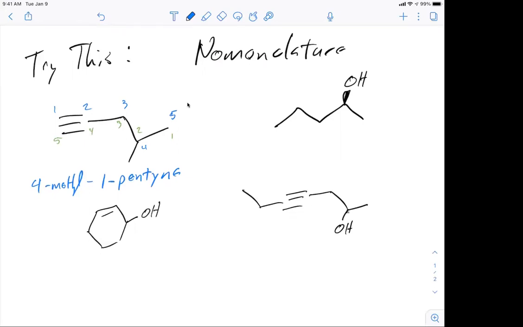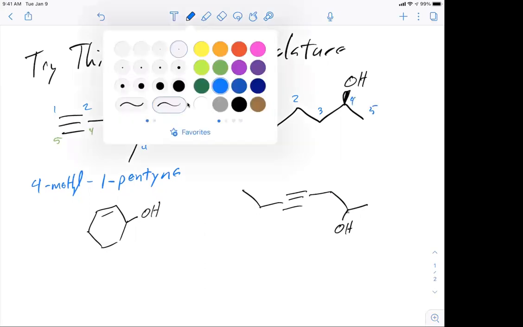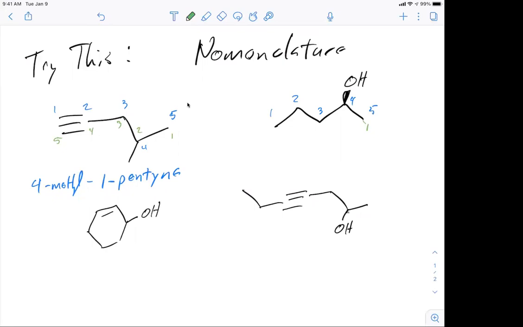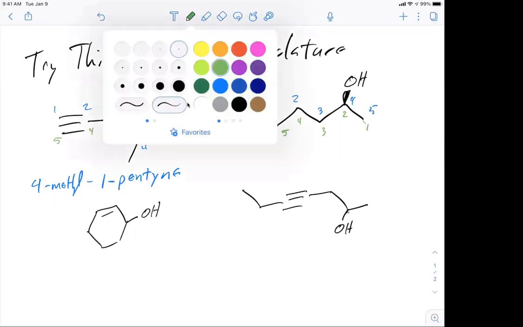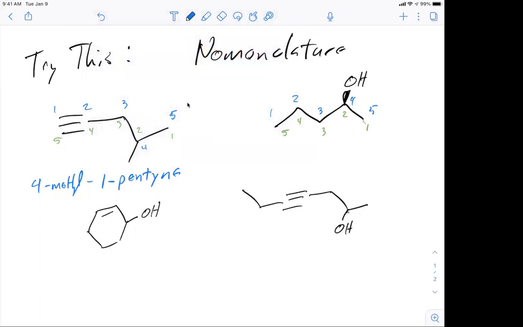In the next one, we have again 5. Most of these are going to be 5. So 1, 2, 3, 4, 5, going in this direction, 1, 2, 3, 4, 5. The alcohol is going to be the priority, and it's actually the only group here. So we have 2-pentanol.